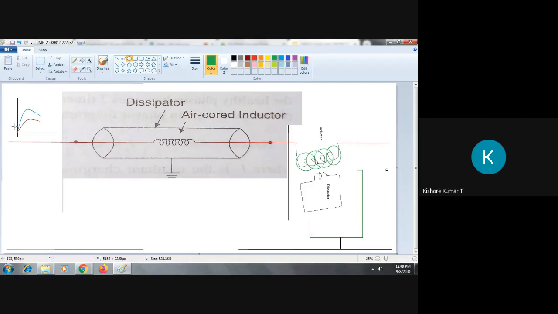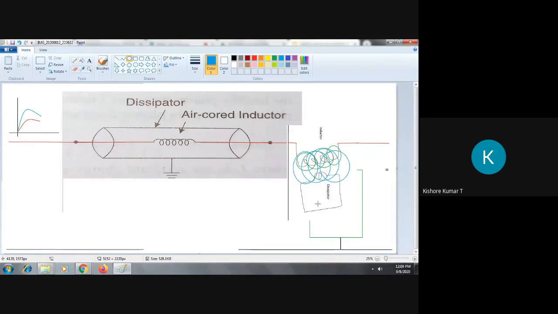Now whenever there is an increase in potential, say a lightning stroke has occurred and the potential has increased, what happens? The field set up by the inductor also increases. Whatever field is set up by the inductor will interact with the secondary, that is the dissipator, due to which there will be energy transferred to the dissipator, and whatever energy is transferred to the dissipator will be dissipated in the form of heat.